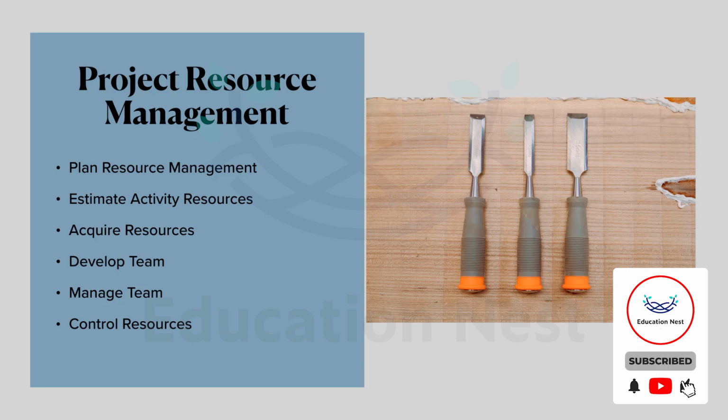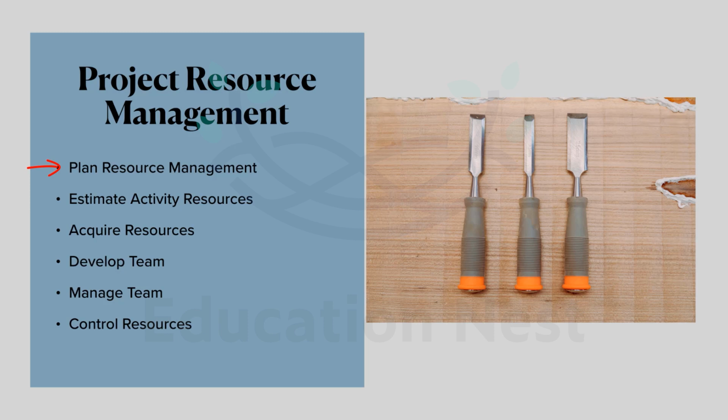Here we have 6 processes to cover, starting with planning resource management. What do we do here? We define how to estimate, acquire, manage, and utilize all the physical and team resources. In estimating activity resources, we learn how to estimate the number of raw materials, machines, standard parts, nuts and bolts, just a few examples. Acquire resources: how to procure machinery, how to acquire a building or facility for the office, how to acquire land for the manufacturing plant, and even human resource recruitment.